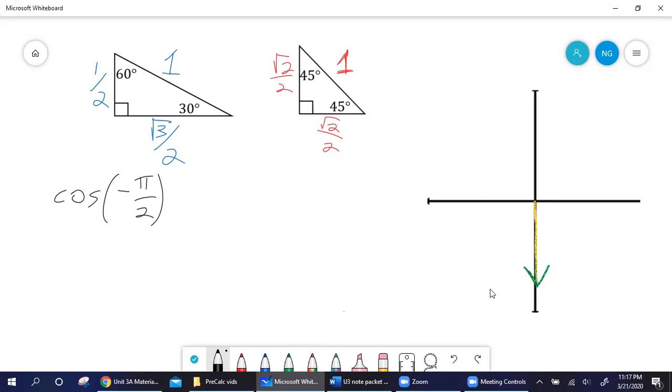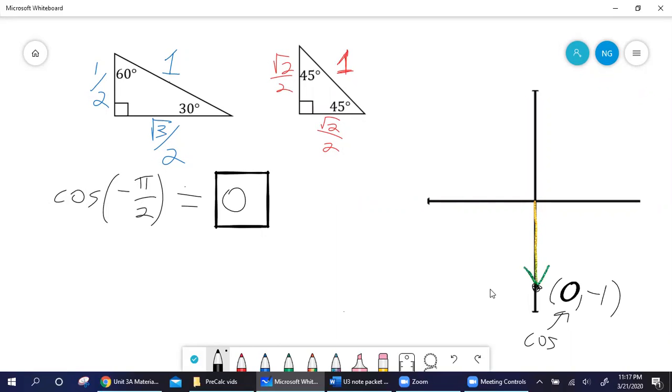Remember that this spinner has a length of 1. It is a radius of unit of 1 length. These are the coordinates, 0, -1. It wants the cosine. Remember that the cosine is the x-coordinate. So the answer to this problem is 0. And we're done.